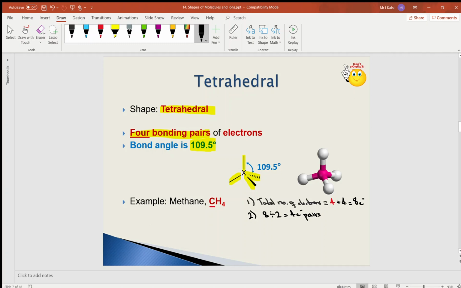And then we need to work out of these 4 electron pairs, how many are lone pairs and how many are bonding pairs. So to do that, we need to work out the number of lone pairs. Take this answer here, 4, take away the number of atoms around the central atom, so that's 4 hydrogens around it, gives us 0 lone pairs. Now you might be thinking, hang on, why is it that you keep getting 0 lone pairs? That's because we're going through the straightforward shapes at the start, and then we'll certainly go into the more complicated shapes as we get into the rest of this PowerPoint.